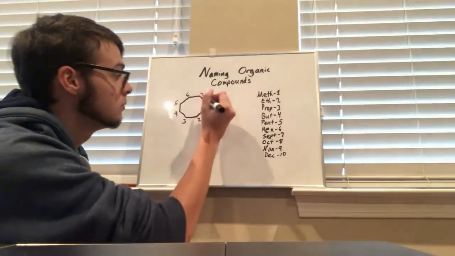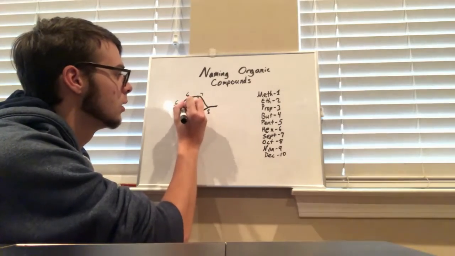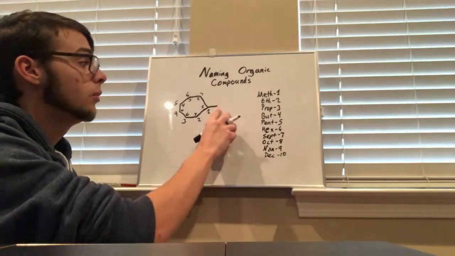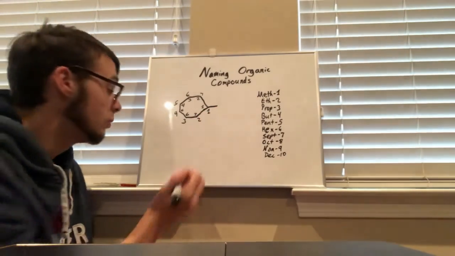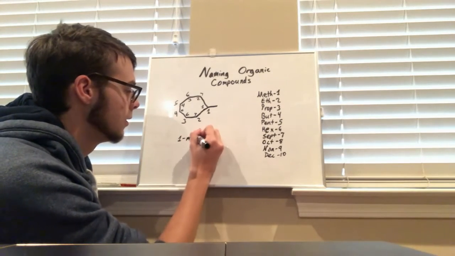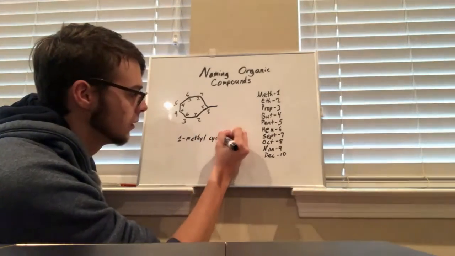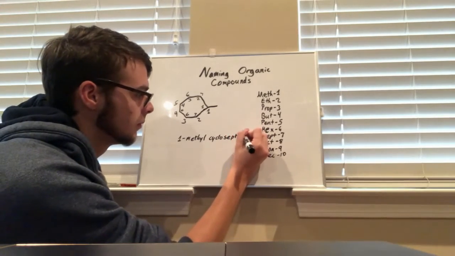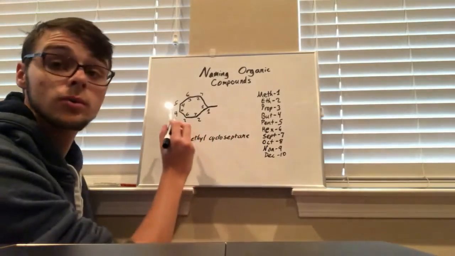So you can go this way or this way, just making sure that our substituents are still on that lowest number. So this one will be 1-methylcycloseptane. And it's an alkane still because there's only single bonds.